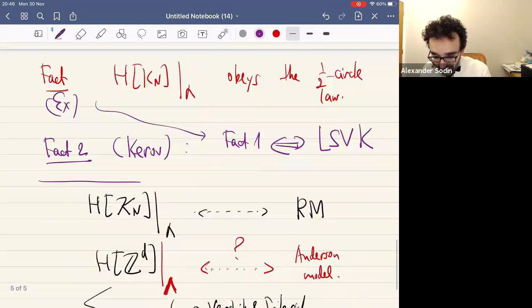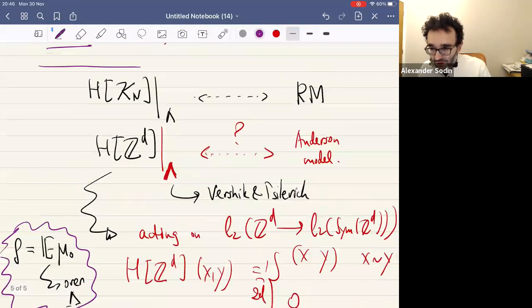The question is, eventually this analogy should be tested by some less trivial features than the density of states, for example, Anderson localization. Now the problem is that in dimension 1, this model makes no sense.